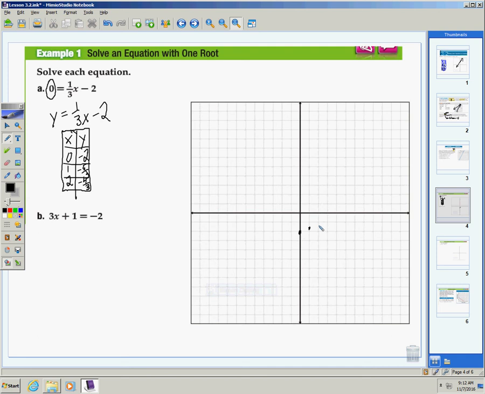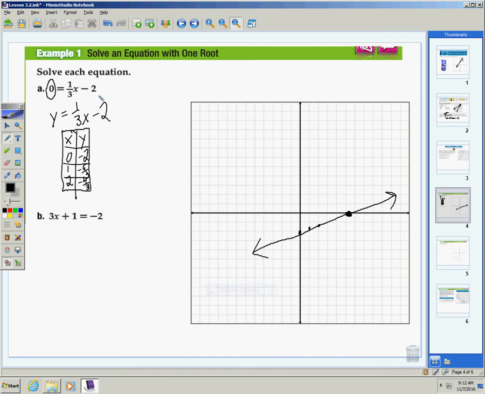And I can see right about here-ish is where the graph crosses the x-axis. That's where my 0 is. My 0 is where it crosses the x-axis, and if I count over 1, 2, 3, 4, 5, almost 6, which hopefully you guys know this should be 6, you can say x equals 6.